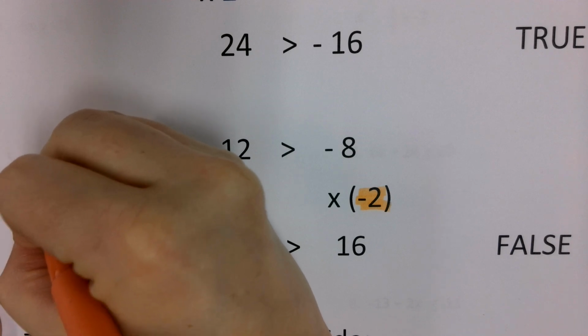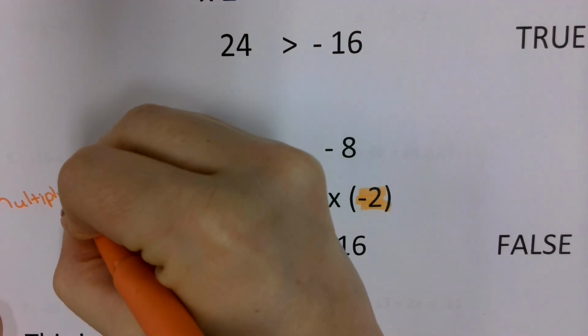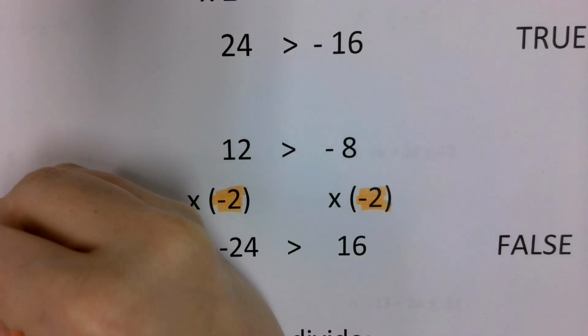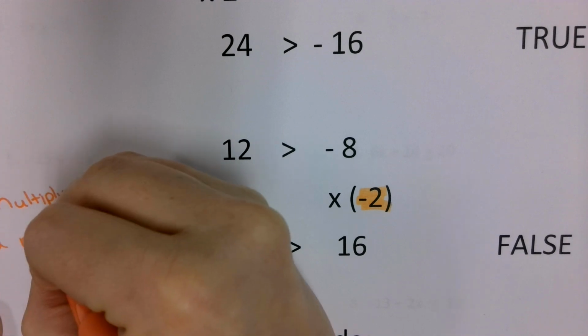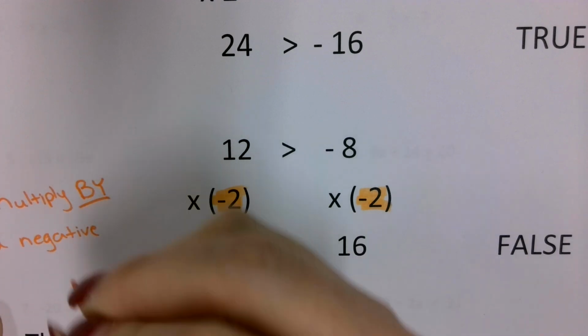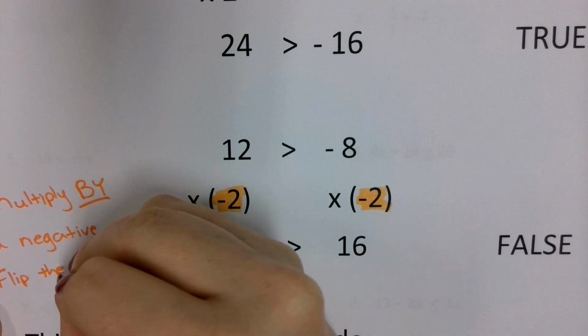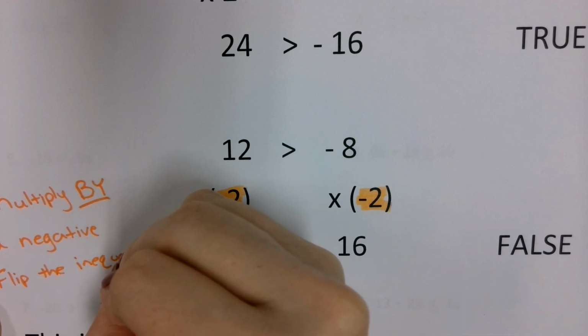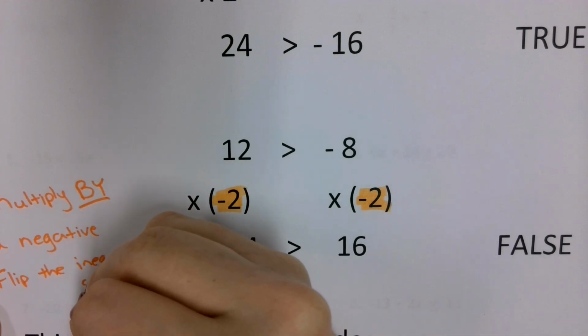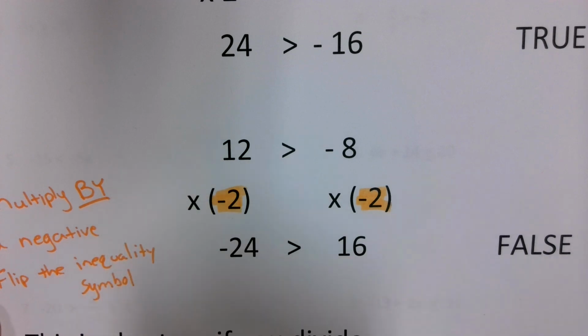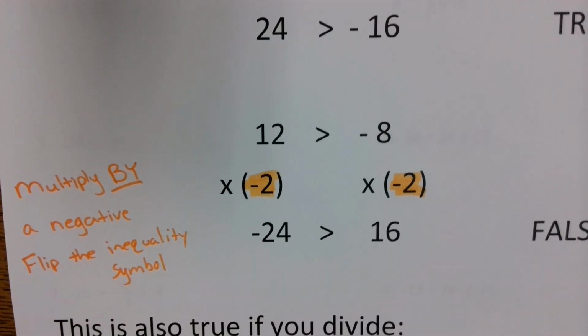If you multiply by a negative, then you have to flip just the inequality symbol. Okay, the inequality symbol has to be flipped backward.